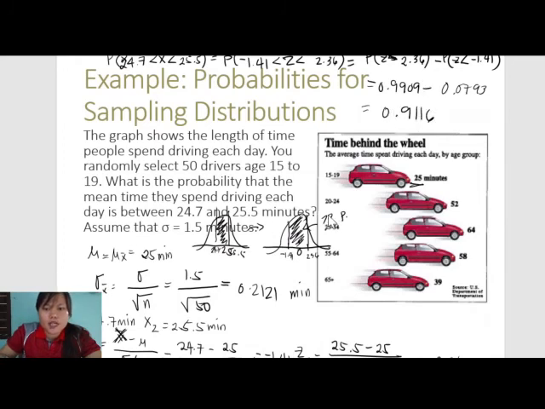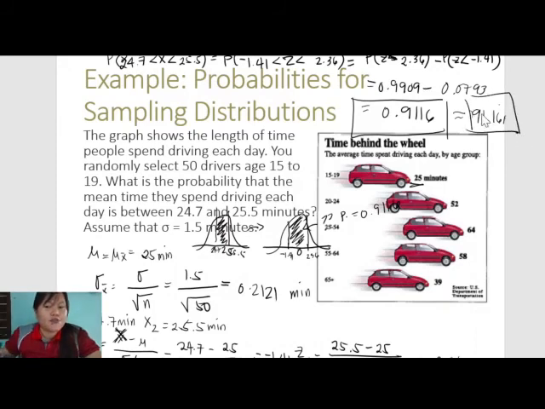Okay, so therefore, itong area na to ay 0.9116. So, yung tinatanong niya na ano daw yung probability that the mean time they spend driving each day is between 24.7 and 25.5, ang sagot ay 0.9116 or 91.16% yung chance na in between 24.7 and 25.5 minutes ang kanilang travel.